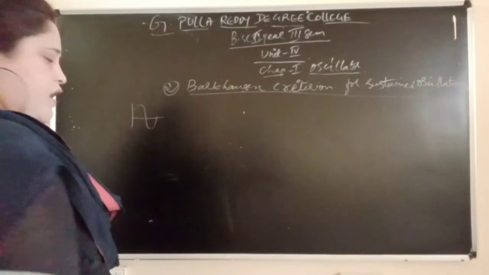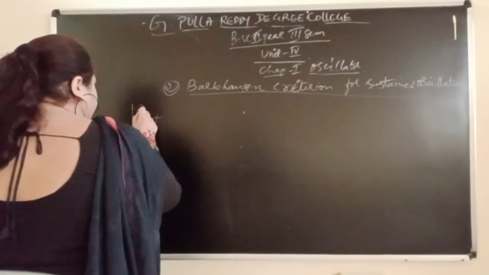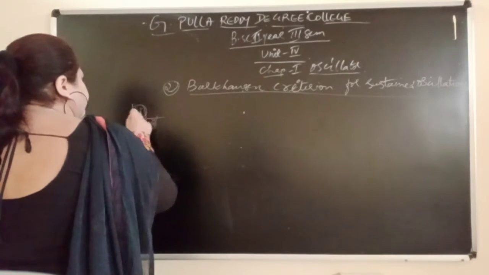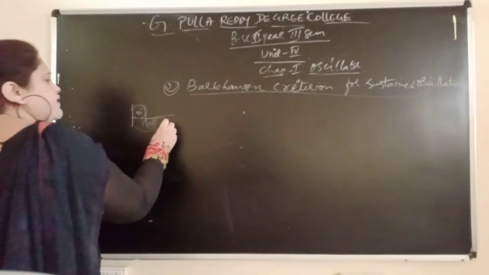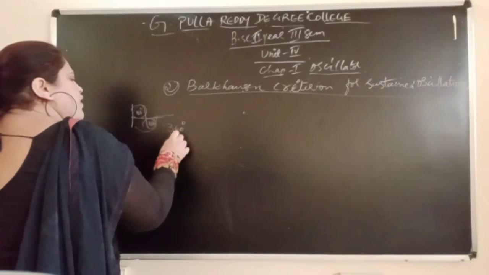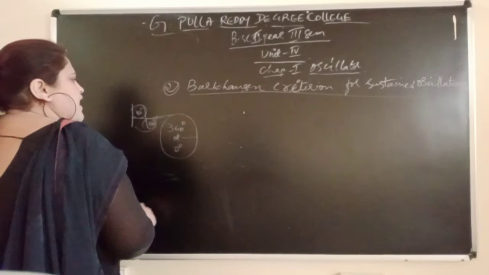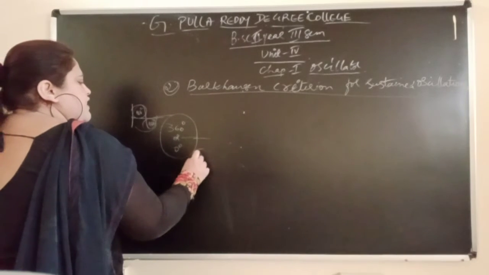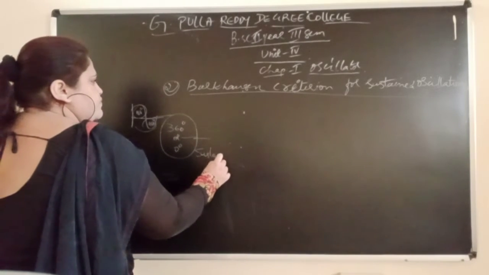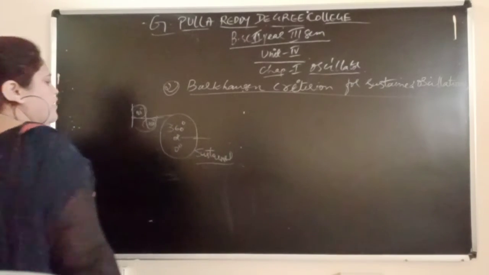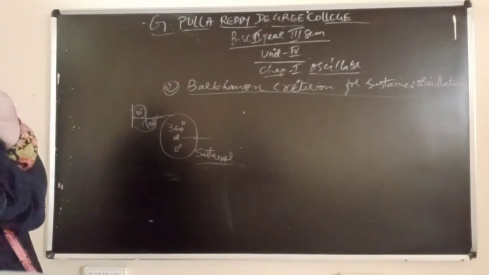How will you generate a sine wave? 180 degrees, 180 degrees. This 180 degrees plus 180 degrees means 360 degrees, or it will be 0 degrees. This condition is known as sustained oscillation.